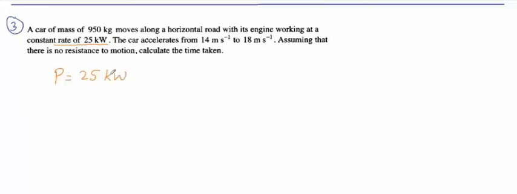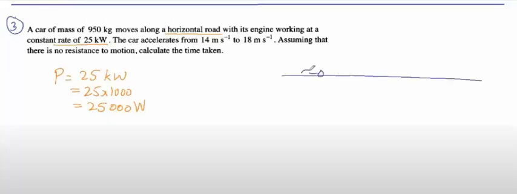Working at the rate means power. So power is 25 kilowatt, which means times 1000, which means 25,000 watts. So in SI system of units, the power unit is watt.